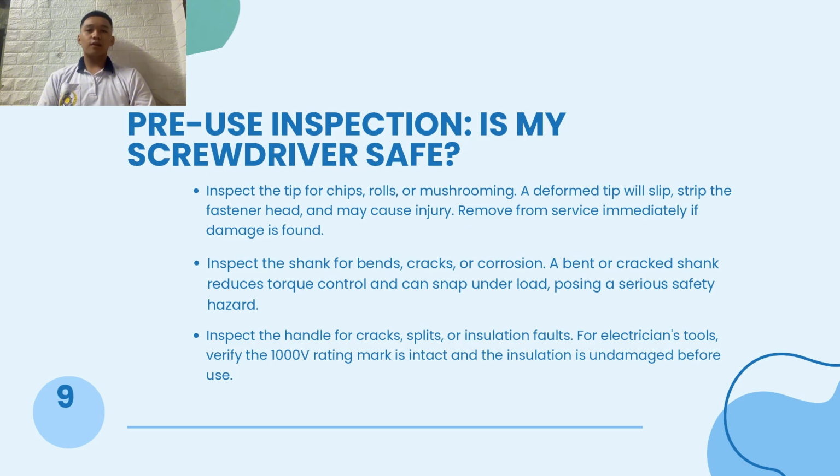Examine the shank for any bend, cracks, or corrosion, since a bent or cracked shank reduces torque control and can snap under load. Finally, inspect the handle for splits or insulation faults, and for electrician tools, ensure the 1000 volt rating mark is intact.